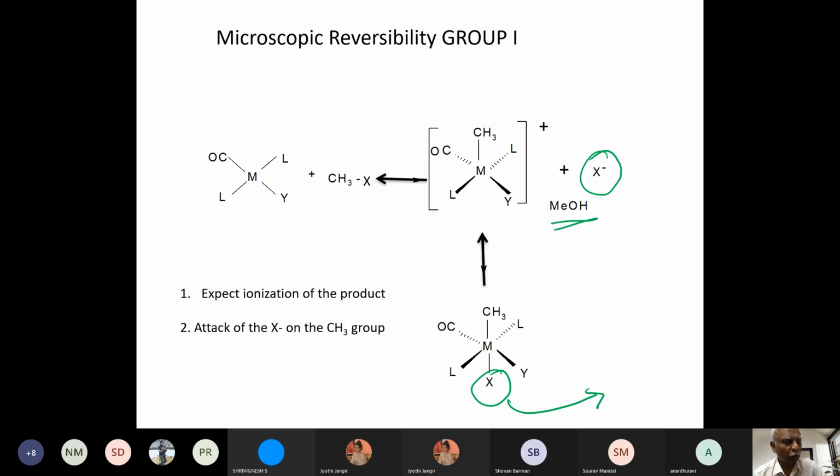And this, of course, would be more easy in the case of a polar solvent. So we can provide a polar solvent, that's not the problem. Then the X minus has to make a nucleophilic attack on CH3, and CH3X should be formed. That's how microscopic reversibility requires reductive elimination to happen for an oxidatively added product.